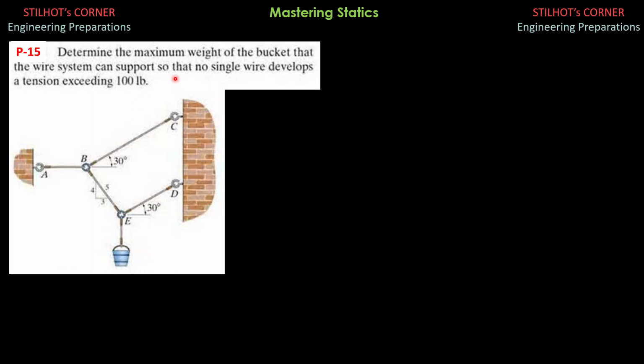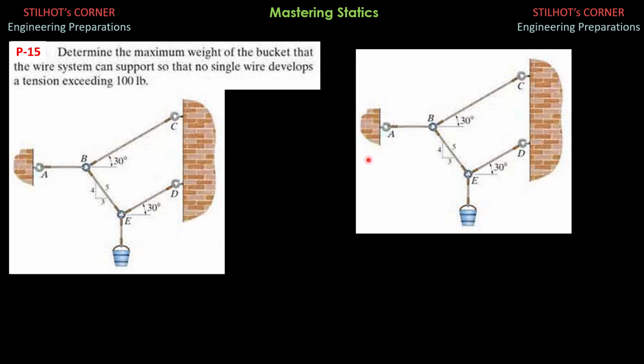Problem 15, determine the maximum weight of the bucket that the wire system can support so that no single wire develops a tension exceeding 100 pounds. So based on the figure, let's have the FBD.